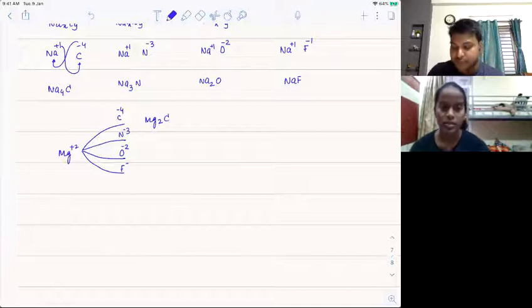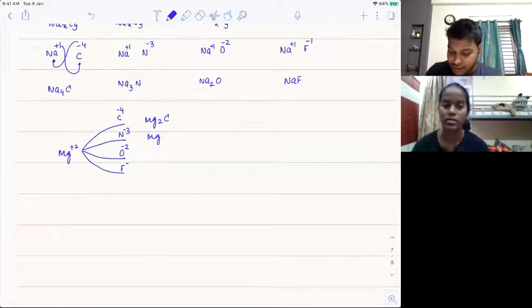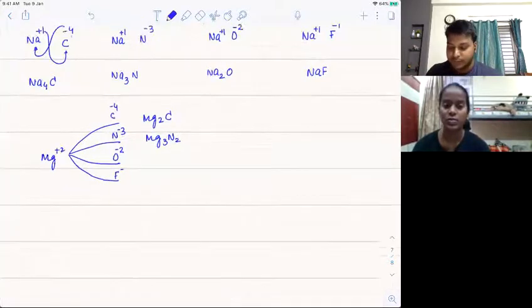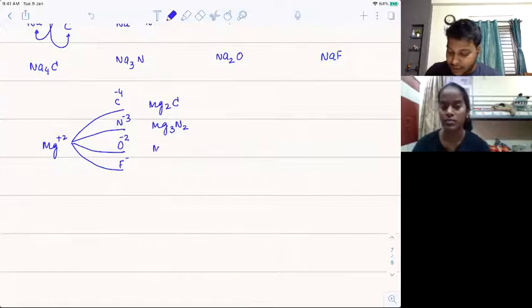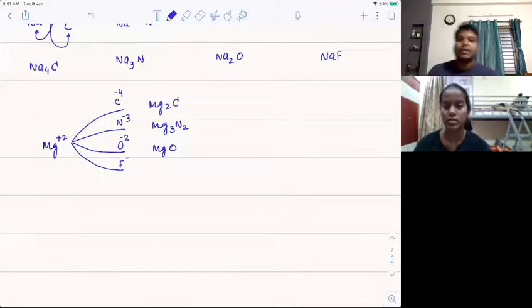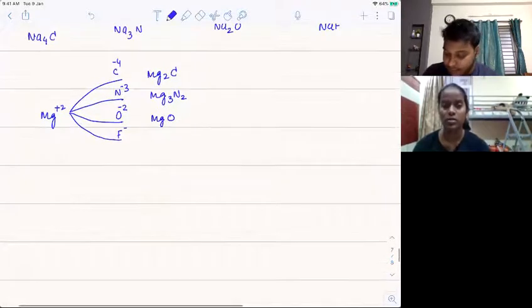Mg2C, Mg3N2. Here I'll get MgO, simply MgO, because it is 2:2, the simplest ratio is 1:1. And here it will become MgF2.